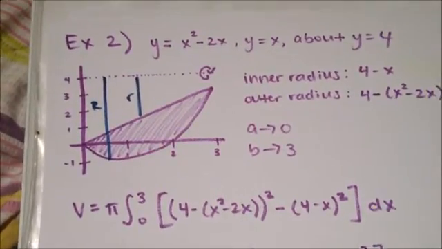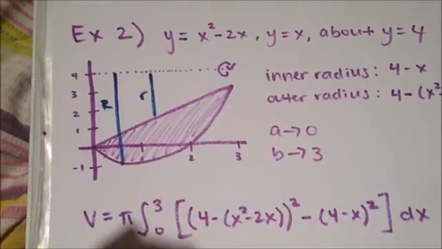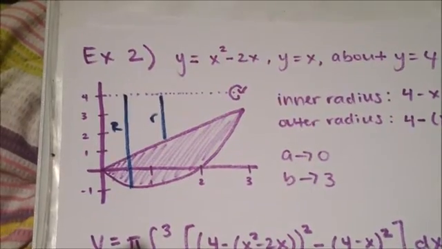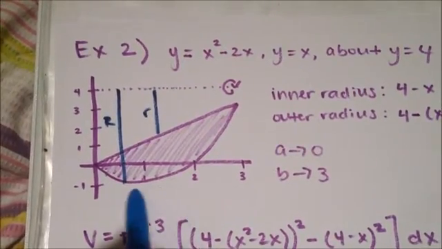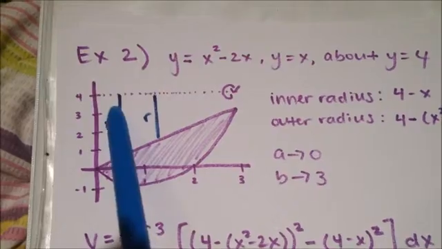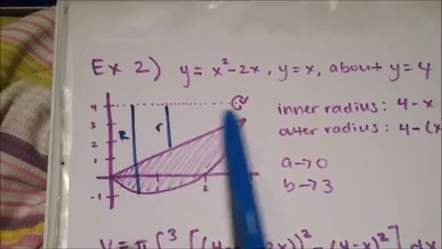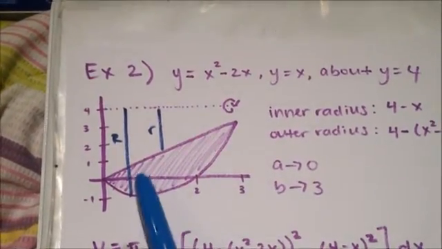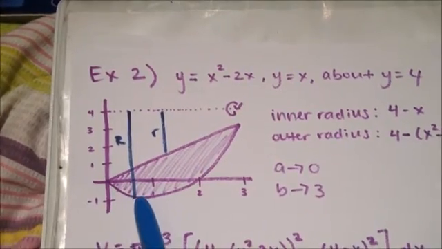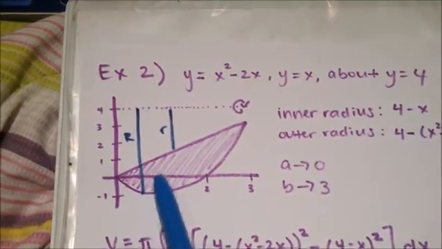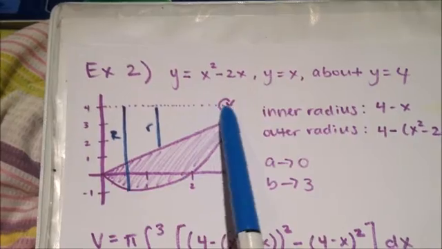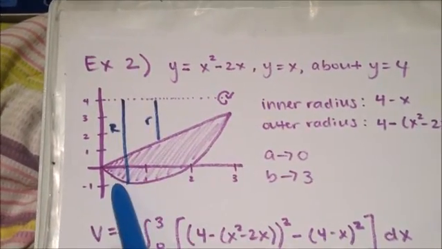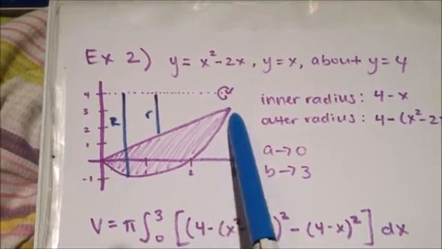So next we want to determine our outer radius and our inner radius. What I like to do is draw the graph. So I drew the graph with our two functions and also the line that we're rotating about, y equals 4. We want to find the outer radius by seeing which function is farther away from the line that we're rotating about, and that is y equals x squared minus 2x.